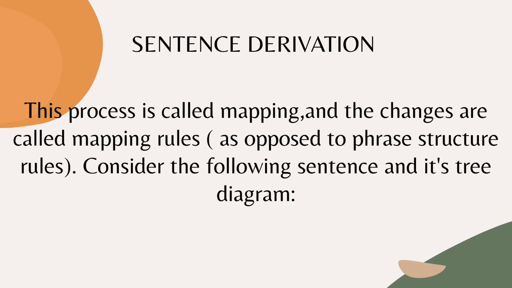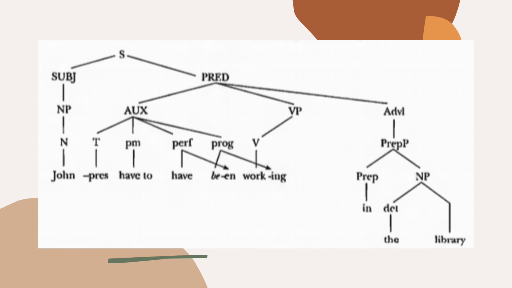Let's proceed to sentence derivation. This process is called mapping, and the changes are called mapping rules, as opposed to the phrase structure rules. Consider the following sentence and its tree diagram. And this is the tree diagram, which is John Pres have to have be in working in the library.